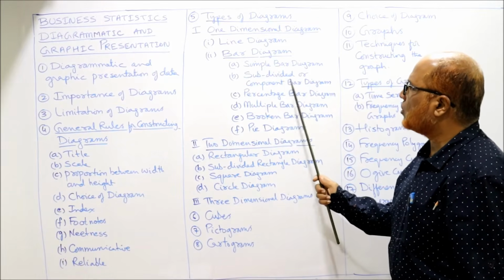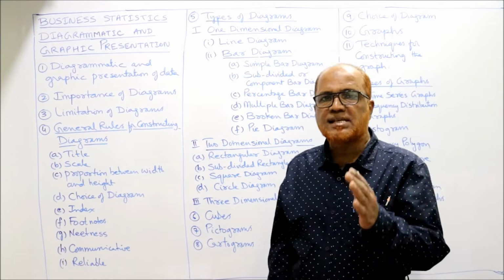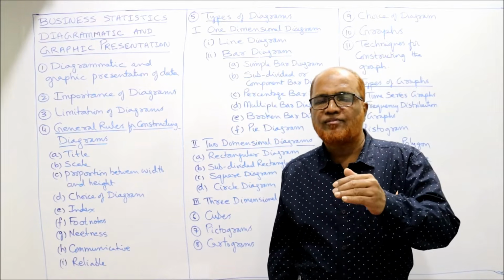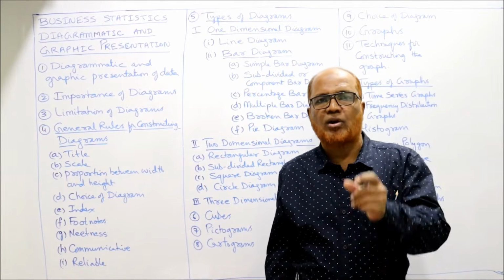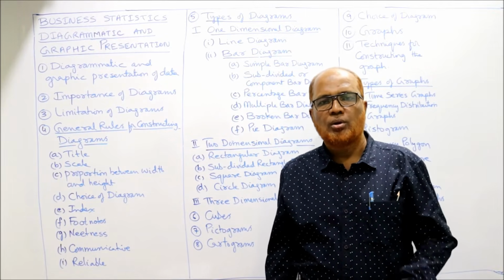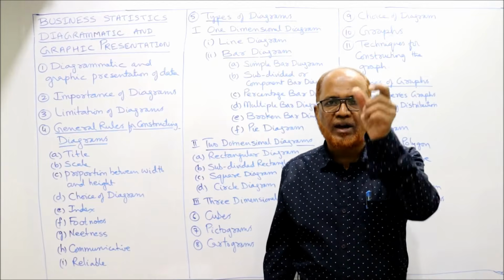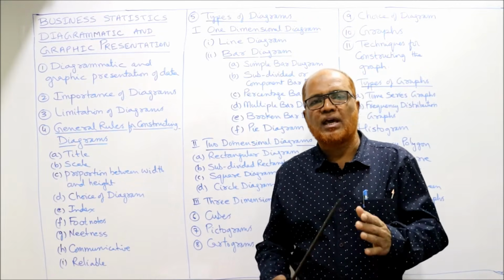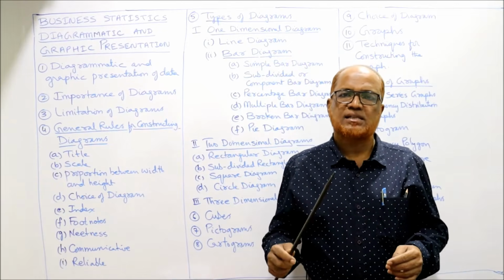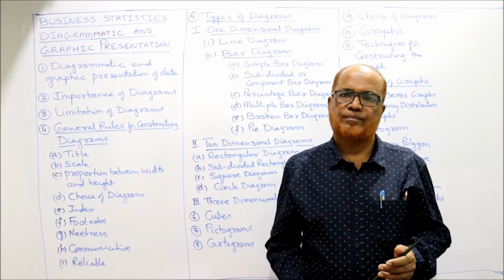Then subdivided or component bar diagram. Suppose more than one variable is there, and we want to show more than one variable in one bar diagram itself. For example, for every year 3 variables are given: sales, gross profit, net profit.